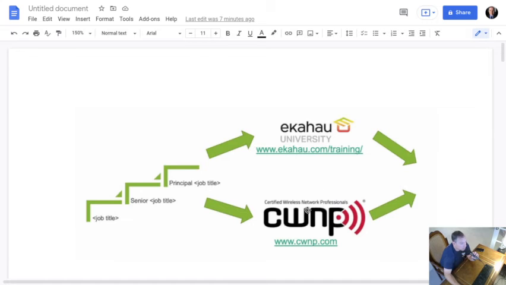Both of these organizations do a good job of training on that concept. Ekahau, again, is the leader in design software for wireless networking, and the CWNP is a professional organization that offers certifications on many different levels.